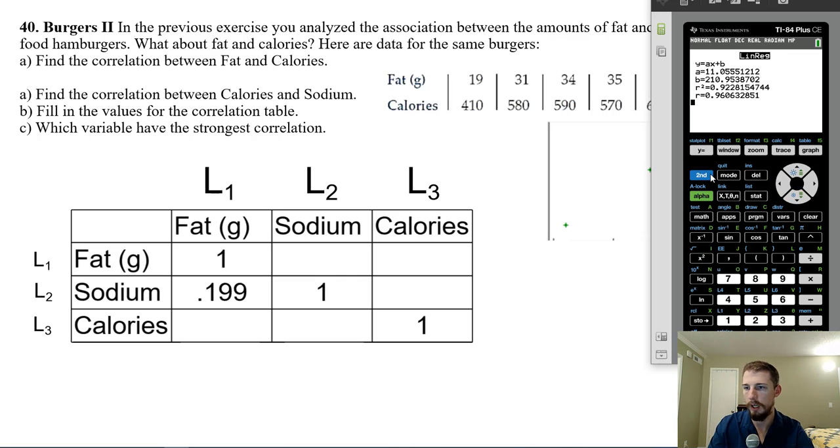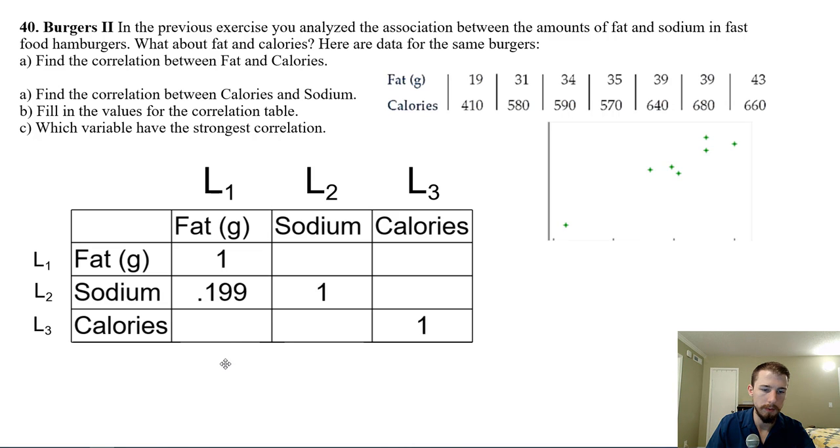Okay, calculate. There we go. So between fat and calories it's 0.96. Not 0.961, I guess I'm using 3 decimals there. If we graph the scatter plot, that looks right, and you can see it's much more strongly associated between those two. So that value of 0.96 is a very strong association between fat and calories.